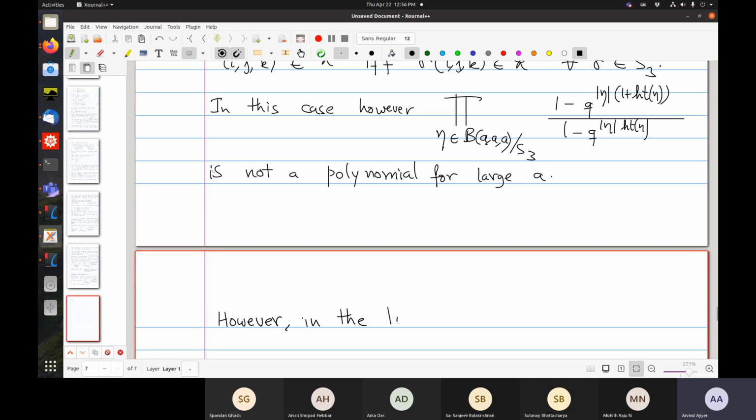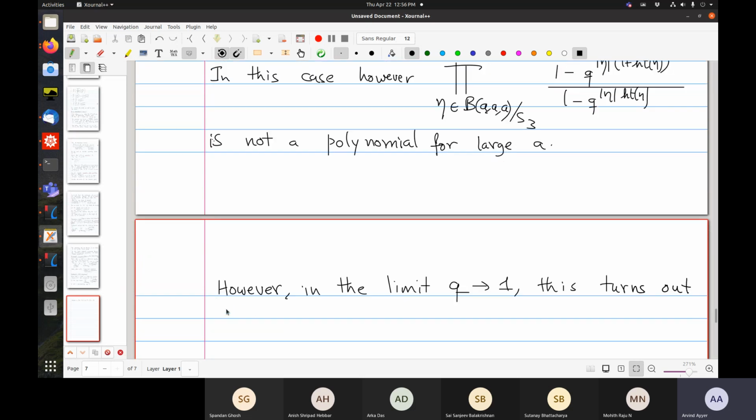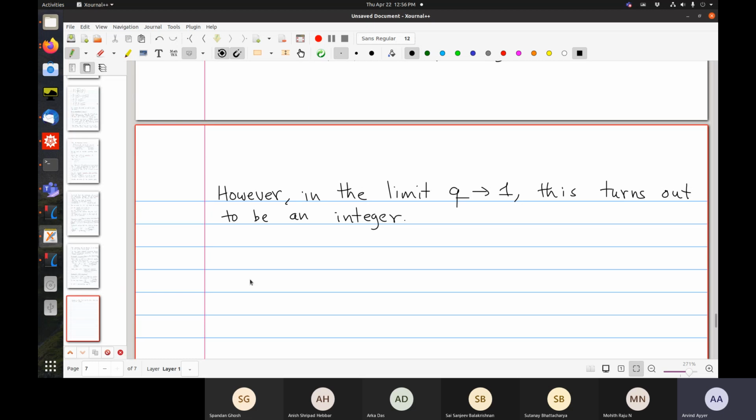In the limit q going to 1, this turns out to be an integer. So the thing that you want happens: the cardinality of pi in B(A,A,A), pi a TSPP, is the limit q going to 1 of that formula.